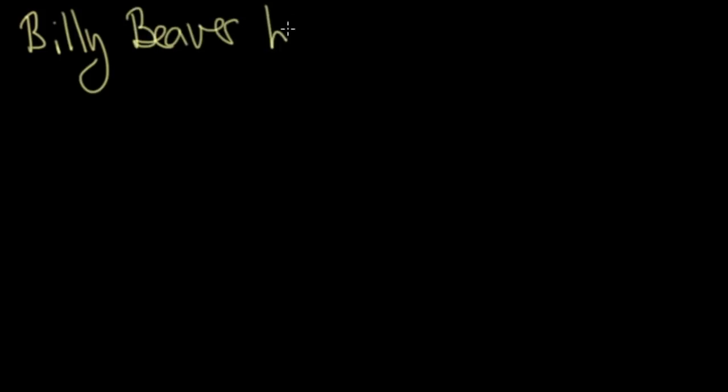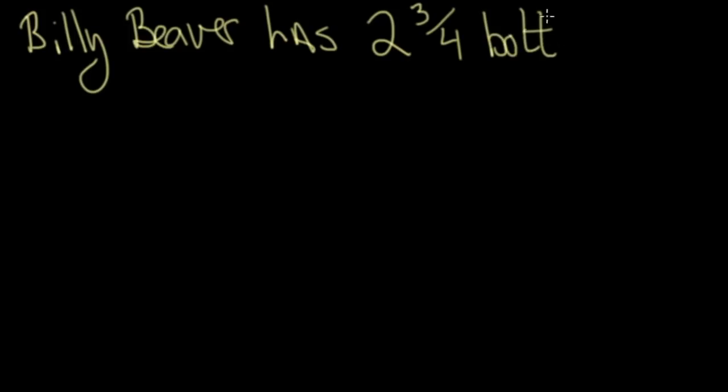Okay, so we're looking at word problems, and if we're looking at word problems, let's get into some classic things like Billy. So we have Billy the Beaver, and we know Billy the Beaver loves maple syrup, and he has 2 3/4 bottles of good old Canadian maple syrup, the home of maple syrup and pancakes.